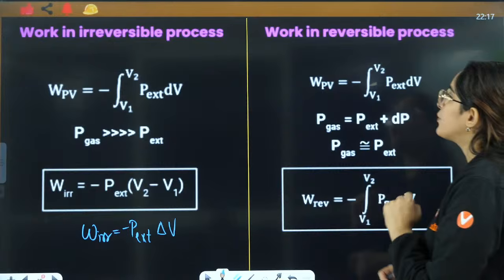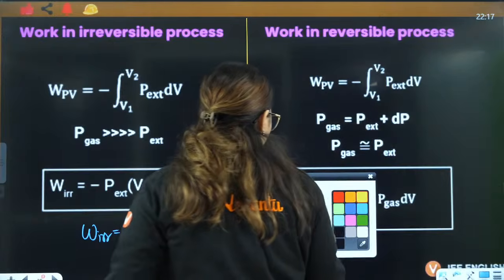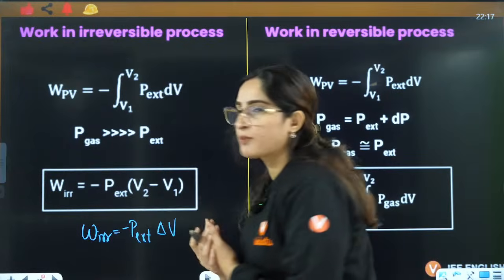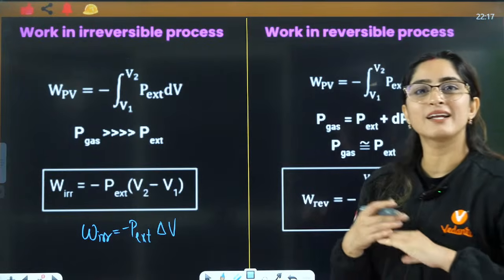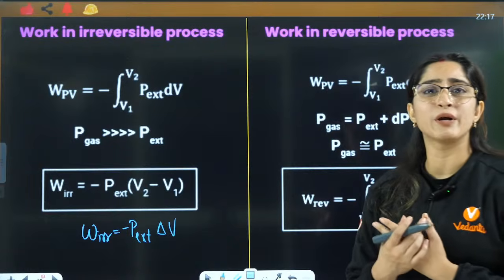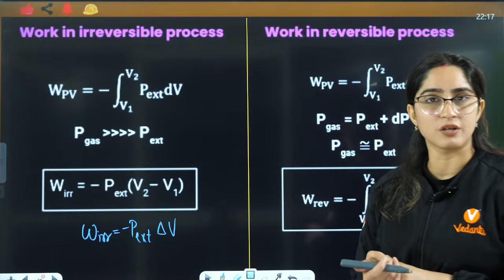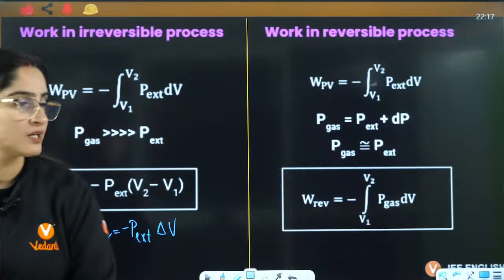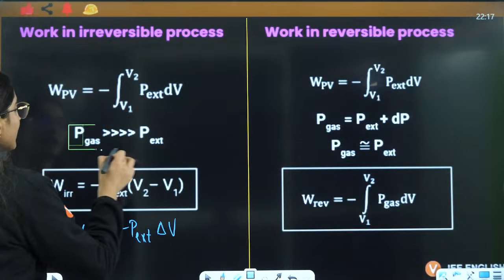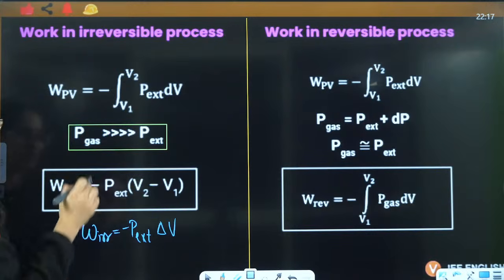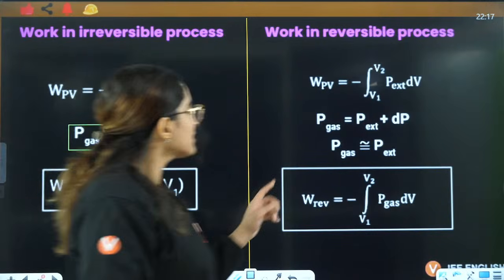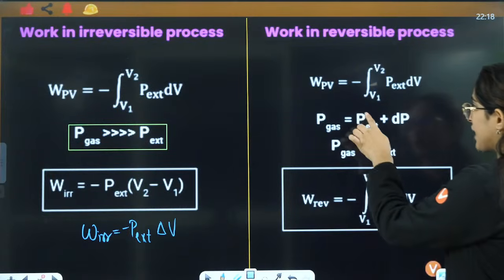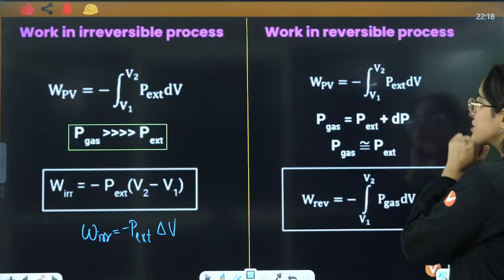Acha, now understand one thing, that in case of irreversible process, the pressure of that gas is very high as compared to external pressure, right? But in this case we can see that pressure of gas is equal to external pressure plus this change.